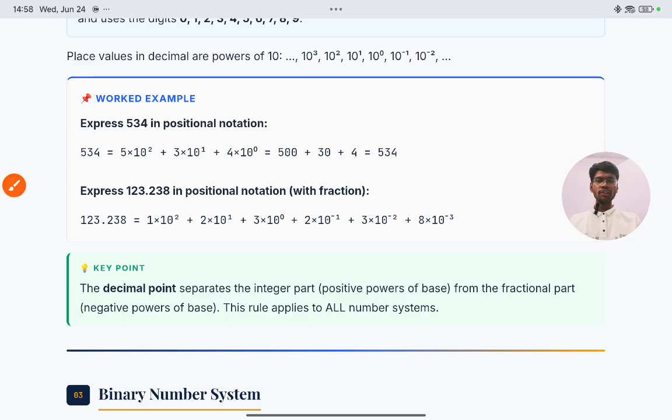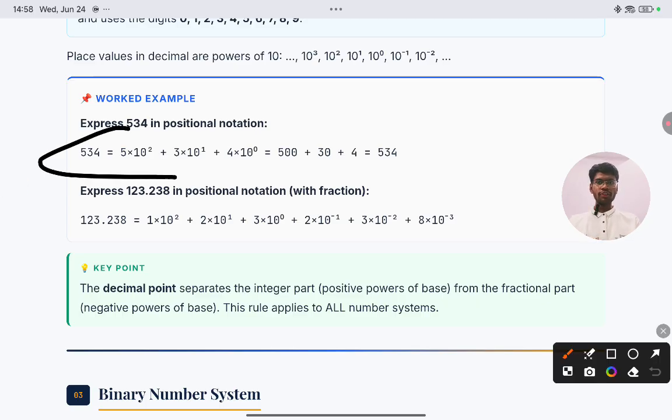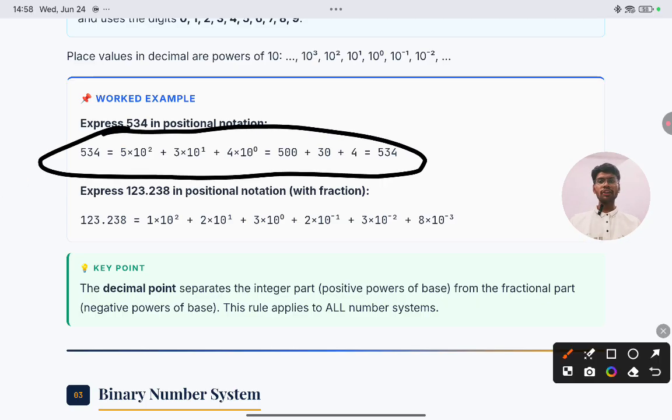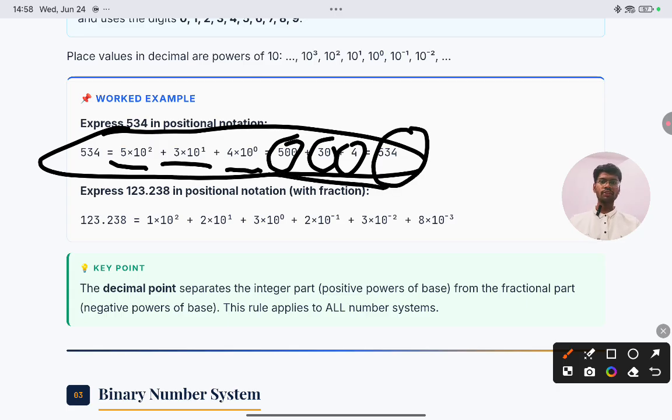So we represent 534 as 5 into 10 squared plus 3 into 10 to the power 1 plus 4 into 10 to the power 0. That is 5 into 100 is 500, 3 into 10 is 30, and 4 into 10 to the power 0 means 4 into 1, since anything to the power 0 is 1. So it's 4, and the whole thing is 534.